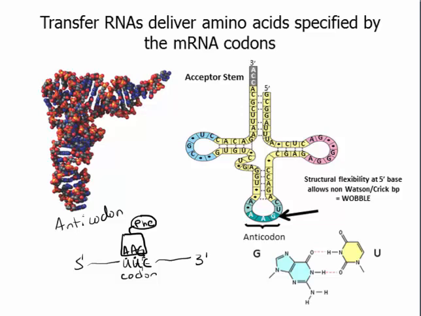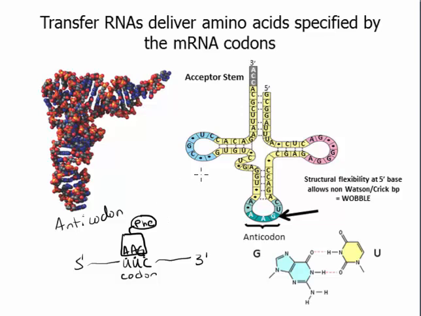Now, if we think about it, if we've got 64 codons, actually only 61 of which encode amino acids, you might think, well, we would need 61 individual different tRNAs to be able to match up with those. But in fact, the number of distinct tRNAs is fewer than that in all organisms.